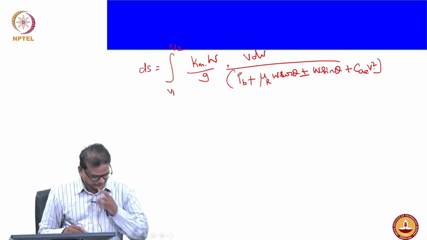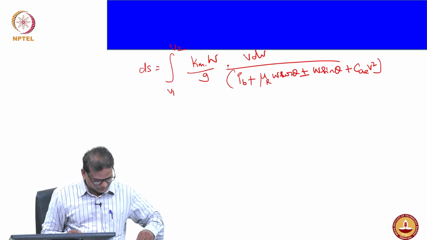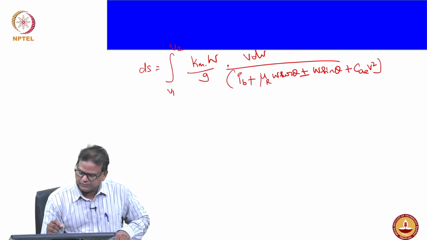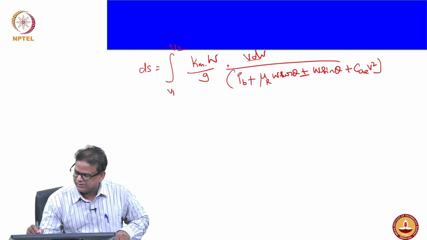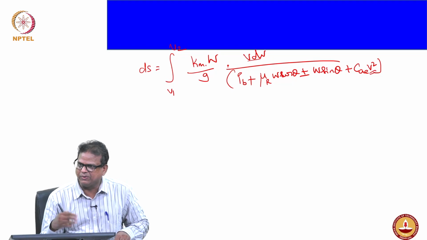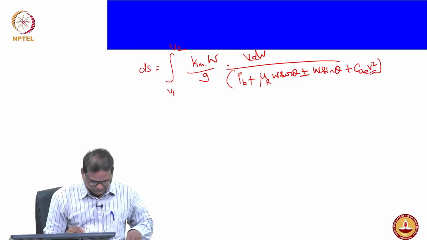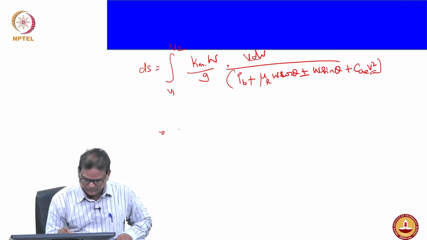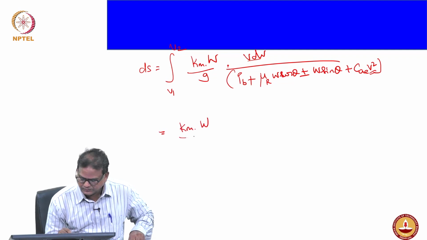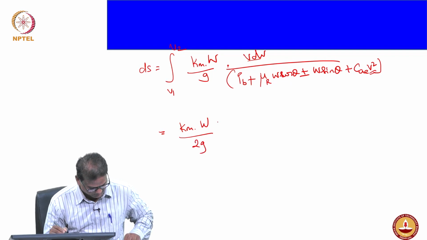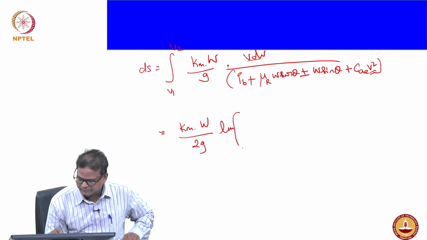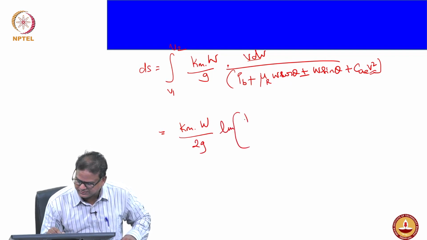This is what happens. Now V dV is given, and we also have a term V square, and there is a limit V1 to V2. If you integrate, finally you would expect the equation Km W by 2G CAE, Ln. This is a simple integration. I am sure you would know these things.